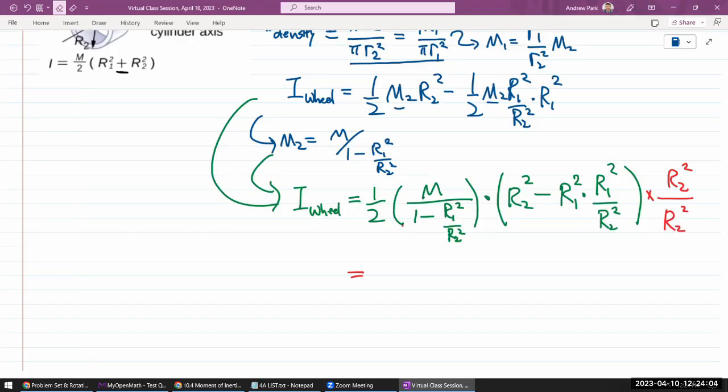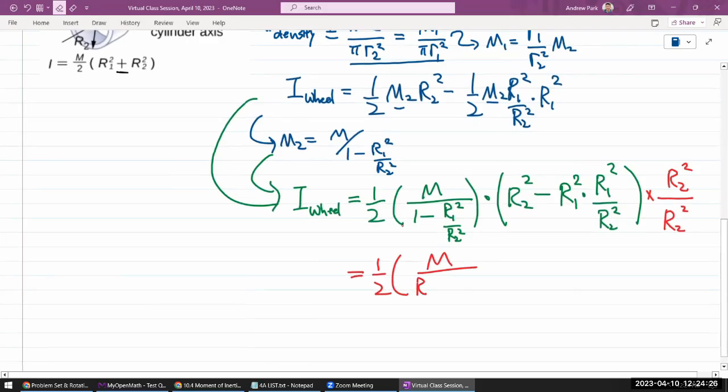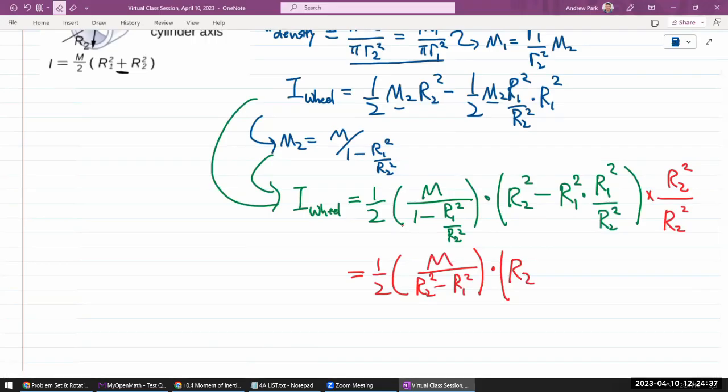So I can absorb this factor into one of the two parentheses. Then I'll have 1/2 mass divided by r2 squared minus r1 squared, times, and I can absorb this numerator into here, which will give me r2 to the fourth power.